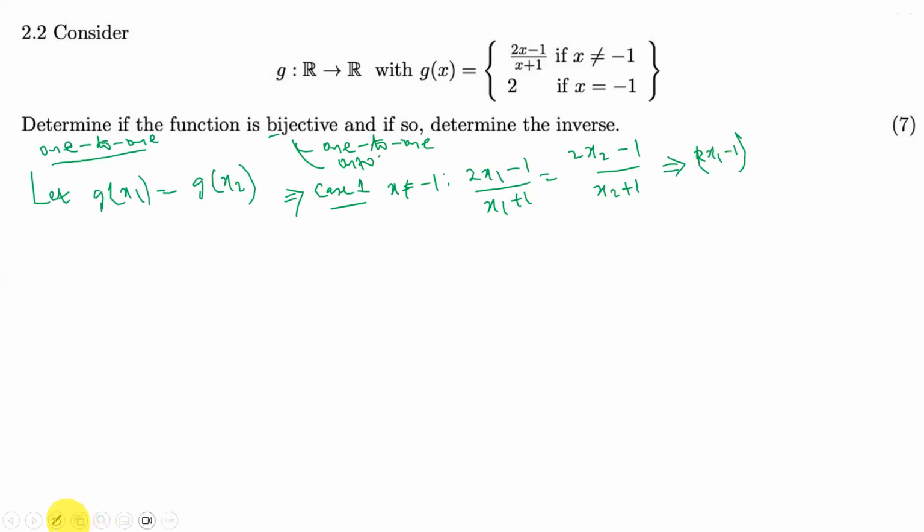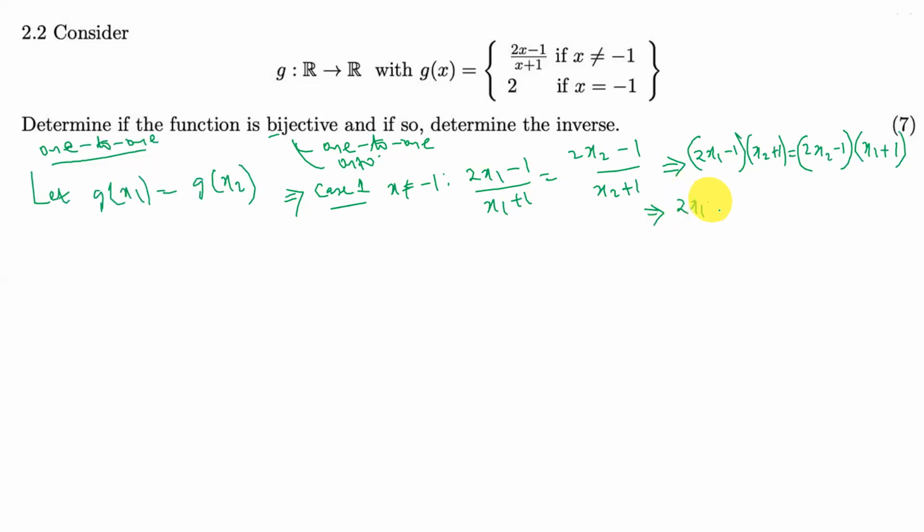So we have this one here, x2 plus x1, 2x2 minus x1, x1 plus 1. So what is this?